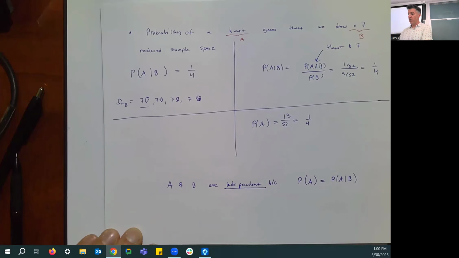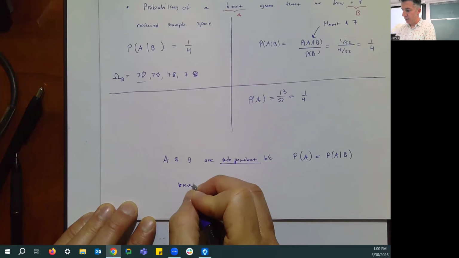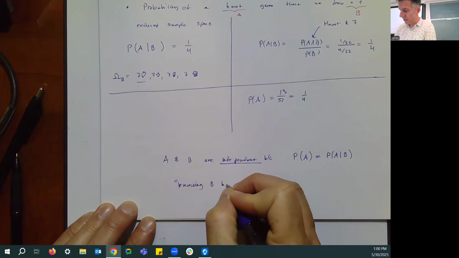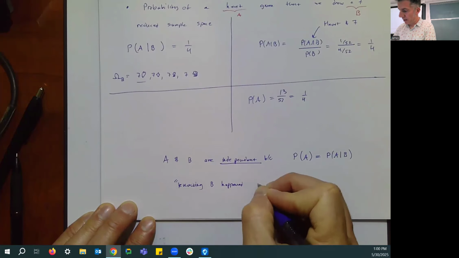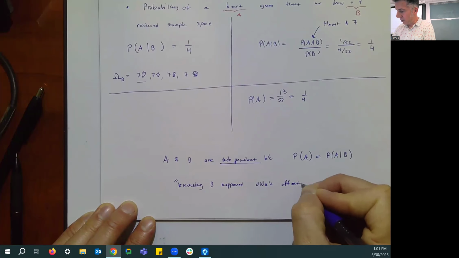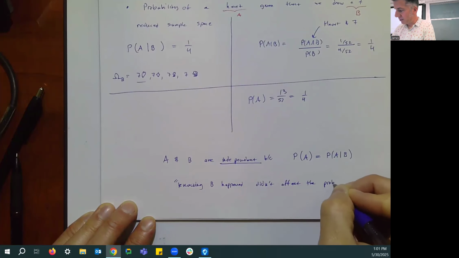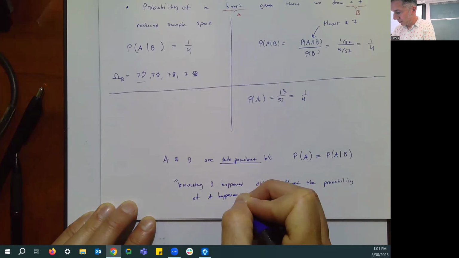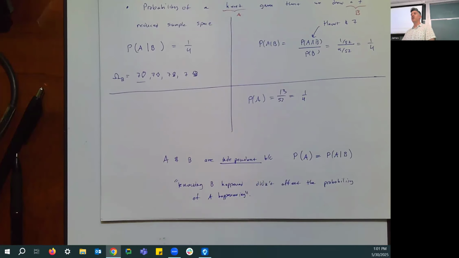Or in other words, knowing B happened didn't change the probability of A. Didn't affect the probability of A happening. That does come up. Yeah, knowing that you drew a 7 doesn't change the probability of whether or not you drew a heart. Kind of neat.